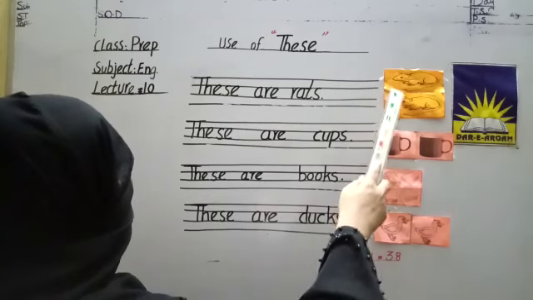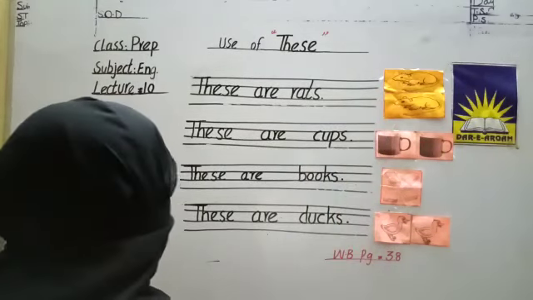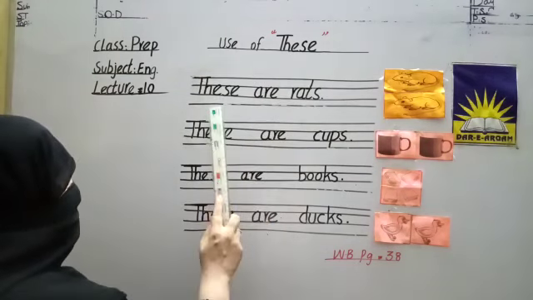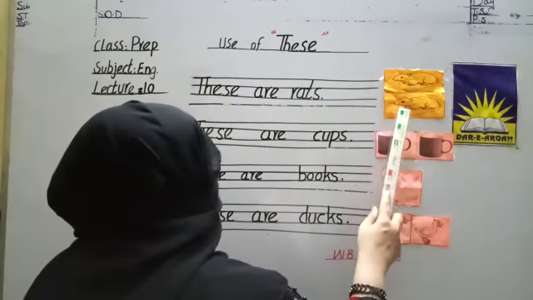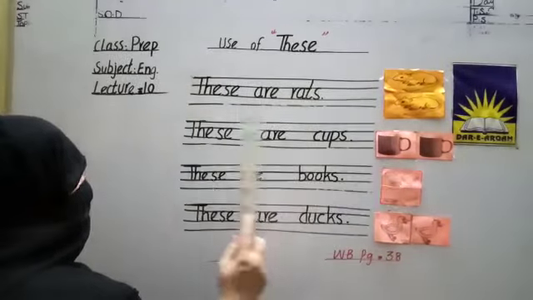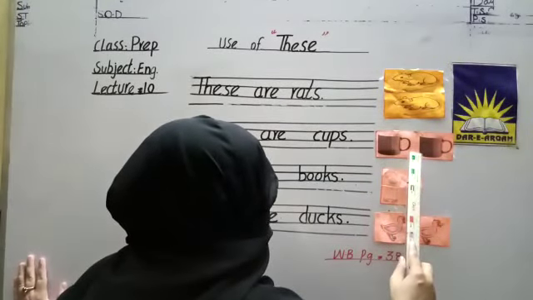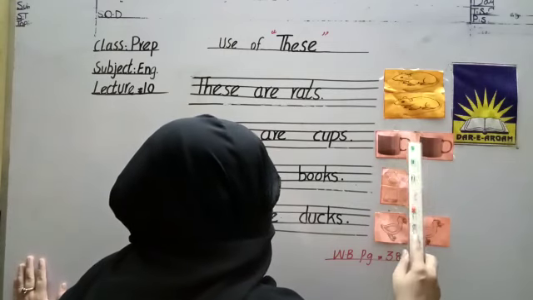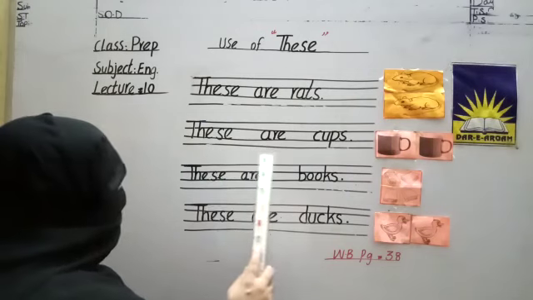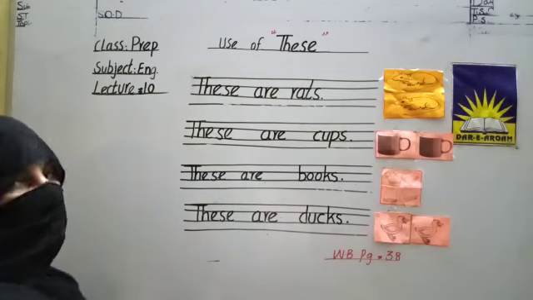According to the pictures, we make sentences by using these. There are 2 rats. These are rats and they are near to me, near to us. These are cups. There are 2 cups, plural. So that's why we use here these. These are cups and they are near to me or near to us.